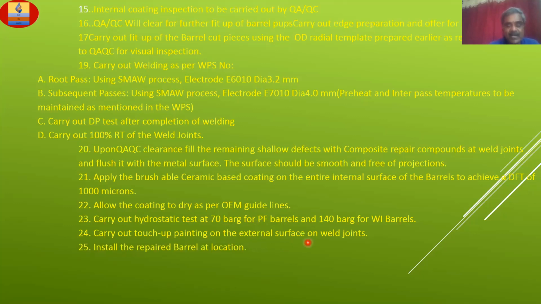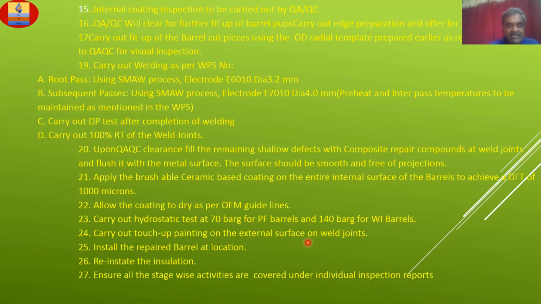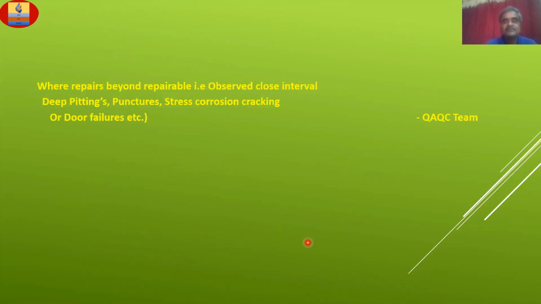Install the prepared barrel at location. Reinstate the installation. Ensure all the stage-wise activities are covered under individual inspection reports. Housekeeping to be carried out on daily basis and ensure workplace is clean and tidy.